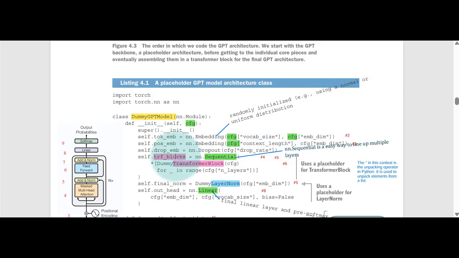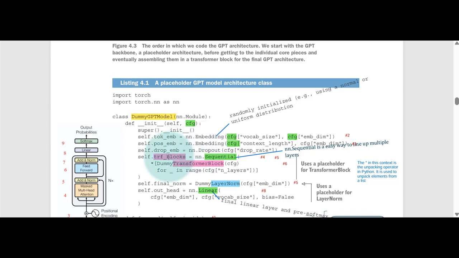Then for the positional embeddings, we need the context length in this case, and this same embedding dimension here. And we also have the drop rate for the nn.Dropout.